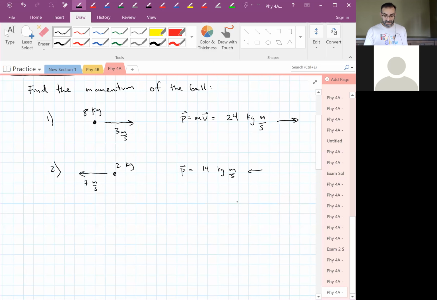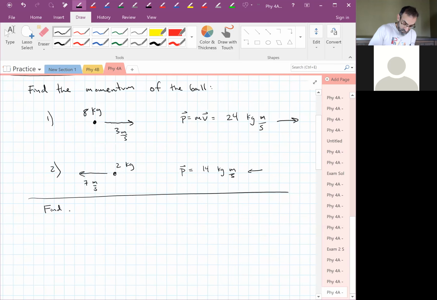Okay, straightforward. Now let's find the change in momentum. Just make it a 2 kilogram object every time.